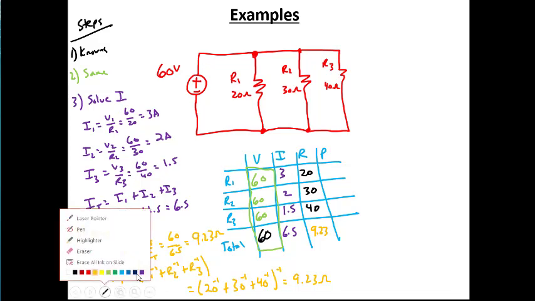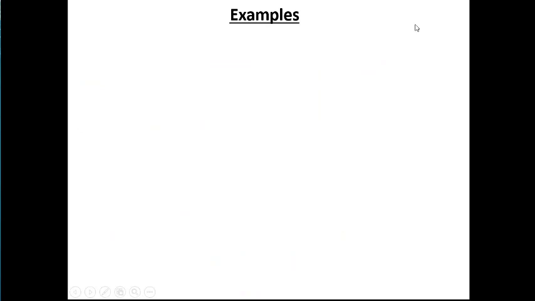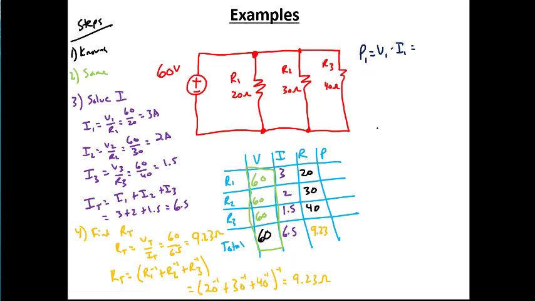The last step here is to find the powers. So we have P1 equals V1 times I1. So that's going to be 60 times 3. So that's going to equal 180 watts.